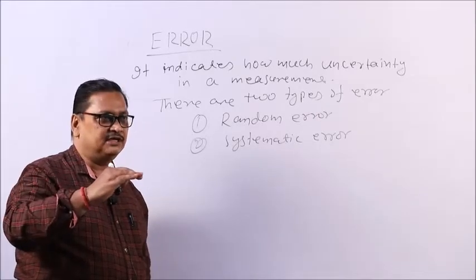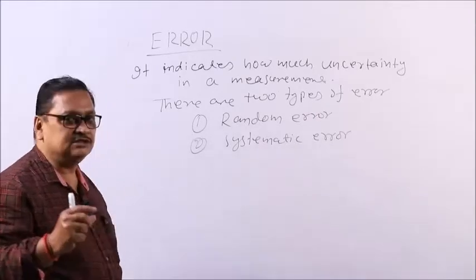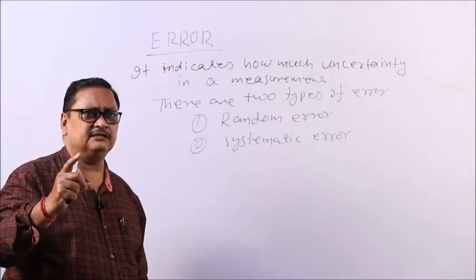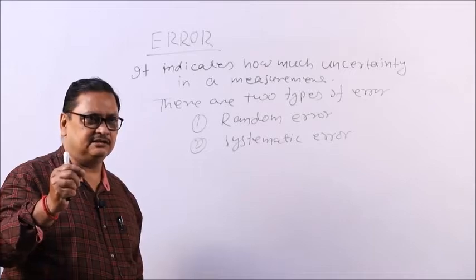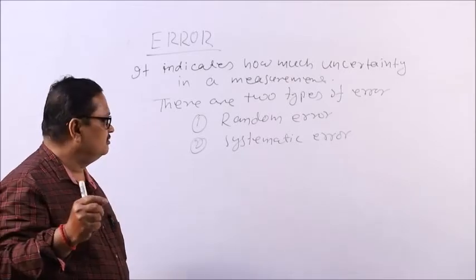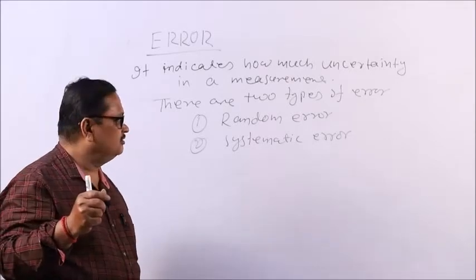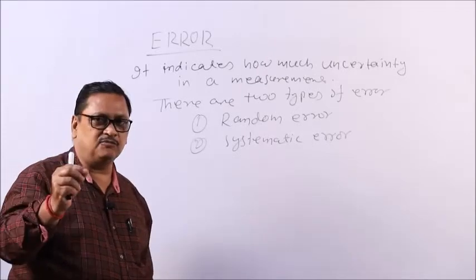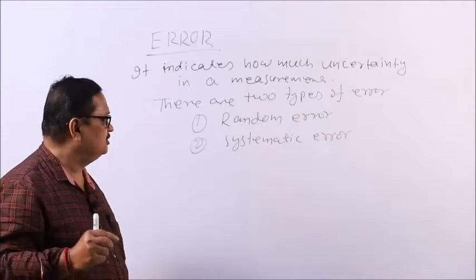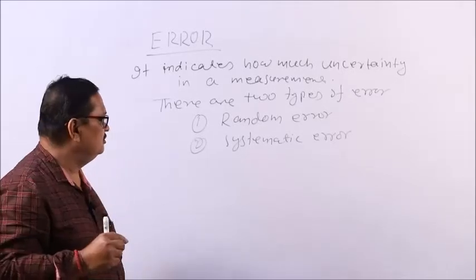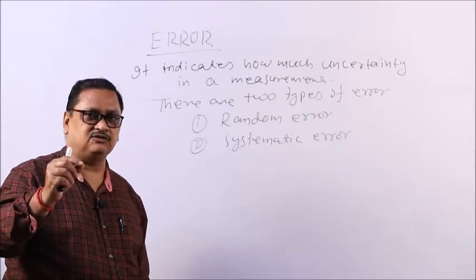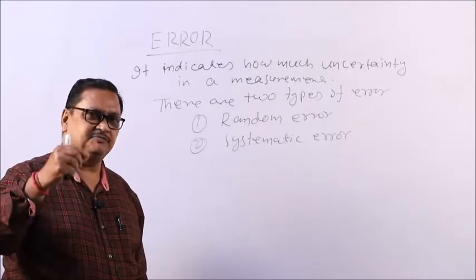systematic error means a very regular process. Suppose you take a thermometer. Generally in a clinical thermometer, while using it, we initially shake the thermometer, because the mercury should come to 0 position. Suppose the mercury is not coming to 0 degree Celsius, it is coming to 1 degree Celsius, even with repeated shaking.